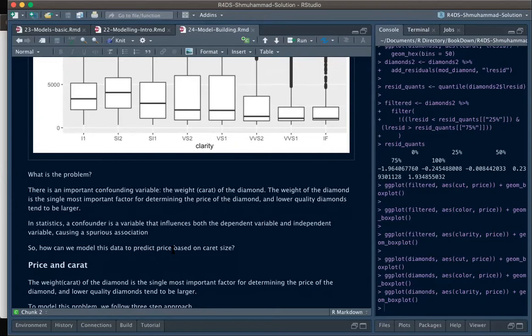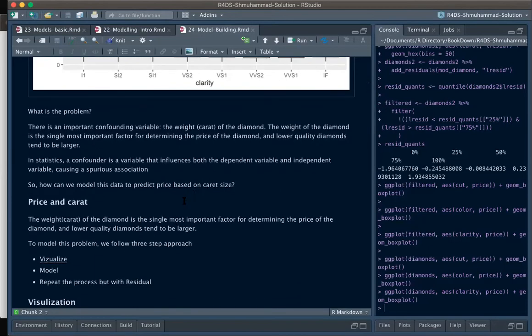So how can we model this data to predict price based on the current size? Right, so this is the problem. We want to do prediction of the price based on the current size.